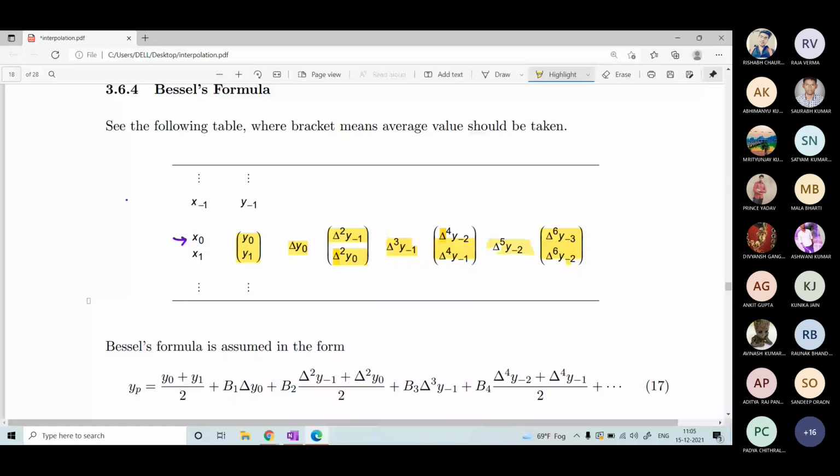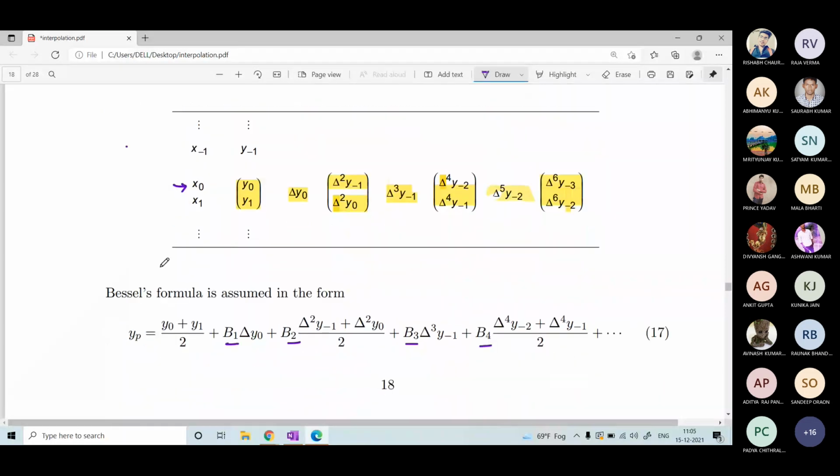Now here the unknowns are b1, b2, b3, b4. How do we identify these constants? Once you know the values of these constants, your formula will be ready to apply. Just like the Gauss forward method, you have to write the left-hand side and right-hand side in terms of y naught. Everything you have to express in terms of y naught.